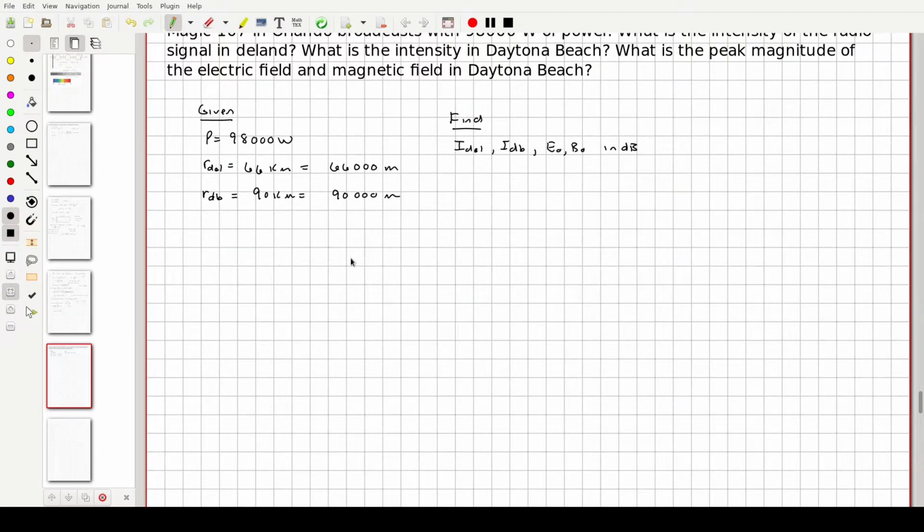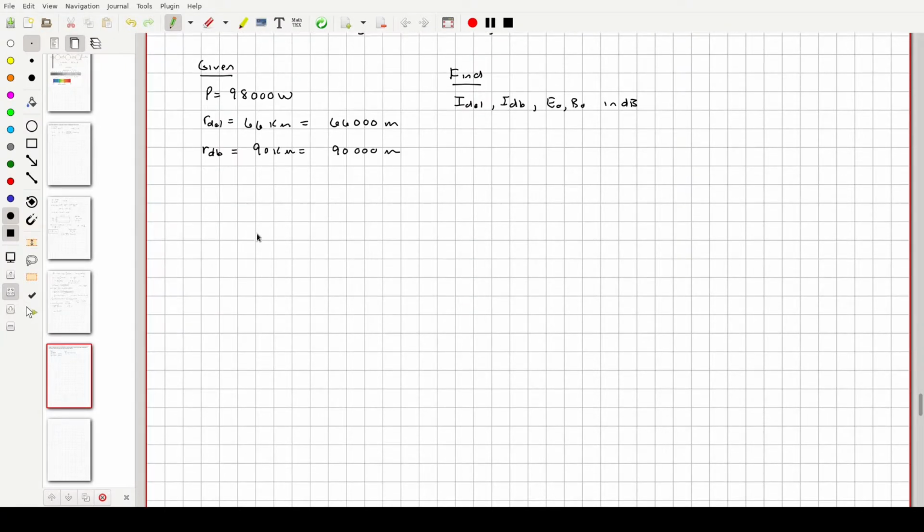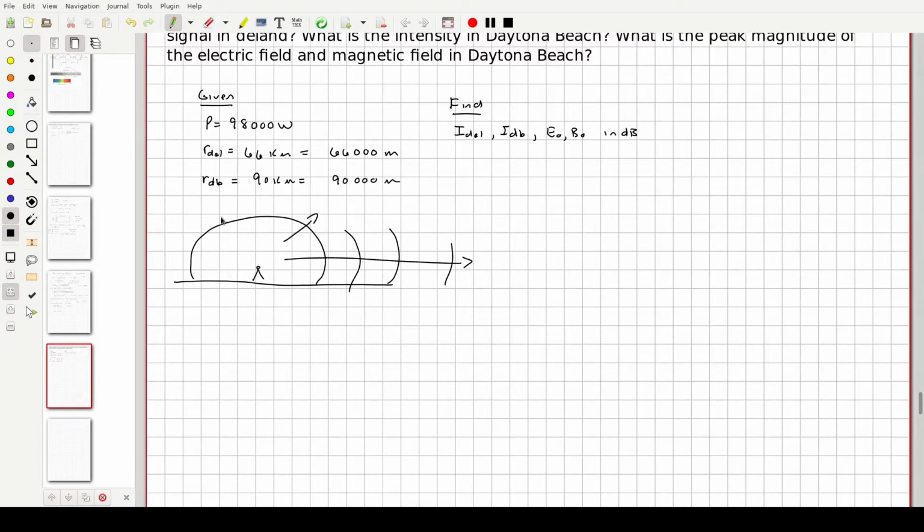Okay? Now, the way to do this is to think of your transmitting tower as putting out a wave that's centered on itself, spherical. And this thing travels outwards like that, in all directions. Now, intensity itself is power over area.